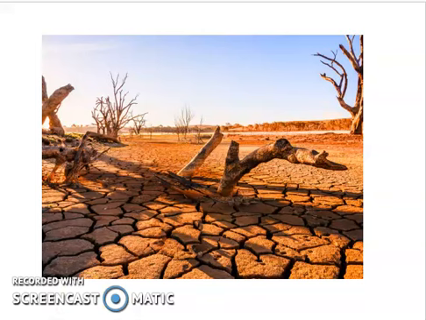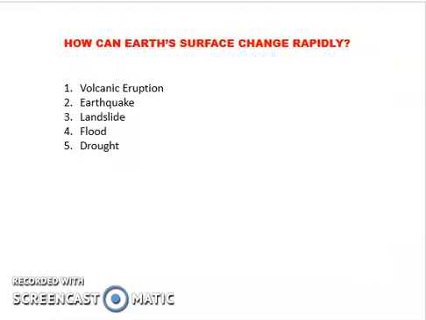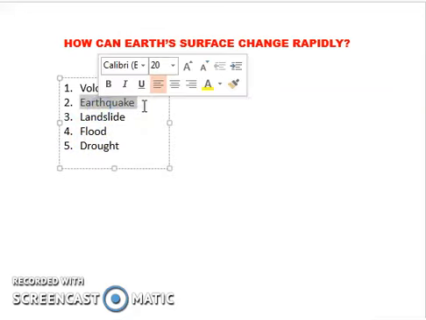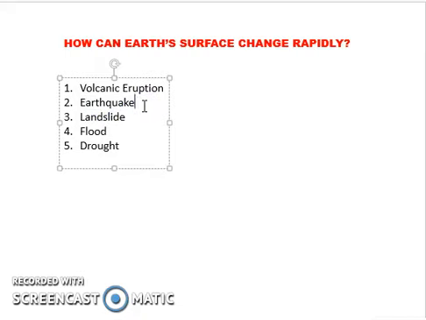So let's make a summary. How can Earth's surface change rapidly? By 5 events: volcanic eruption, earthquake, landslide, flood, and drought. By the way, I forgot to mention earlier that an earthquake could also happen in the water. Yes, that is true.